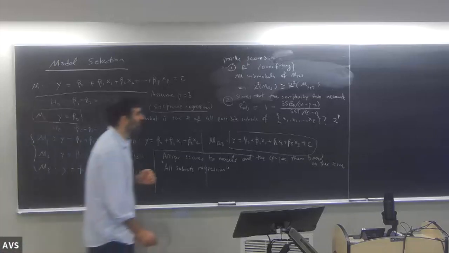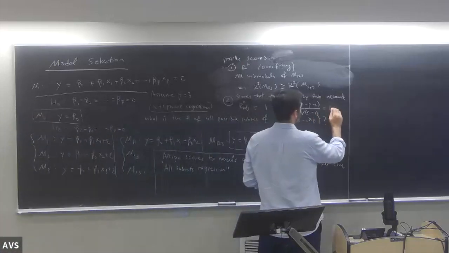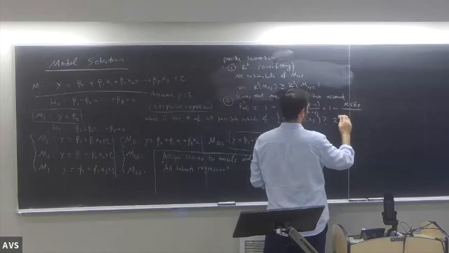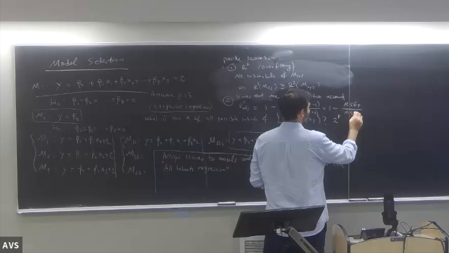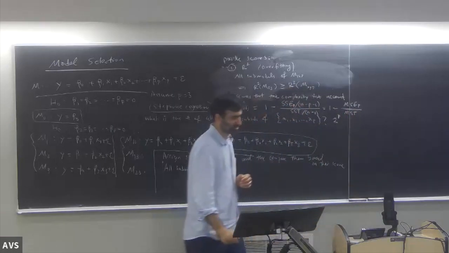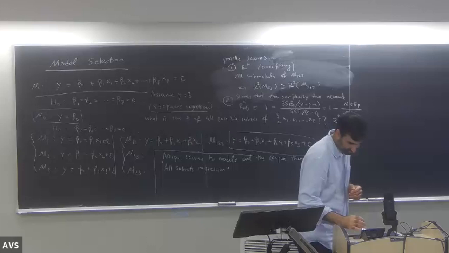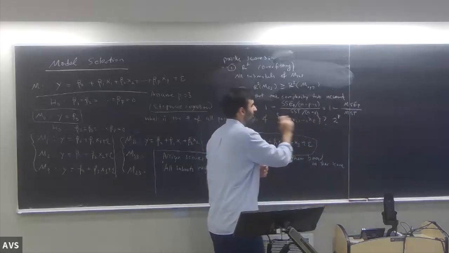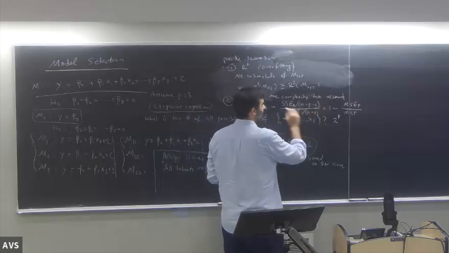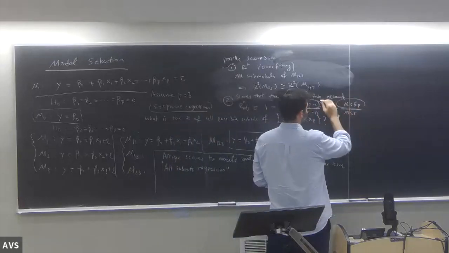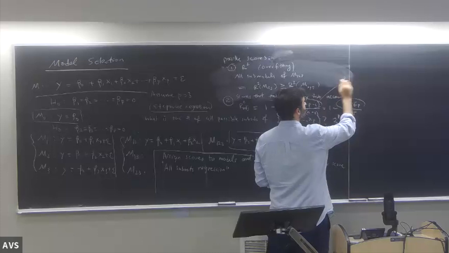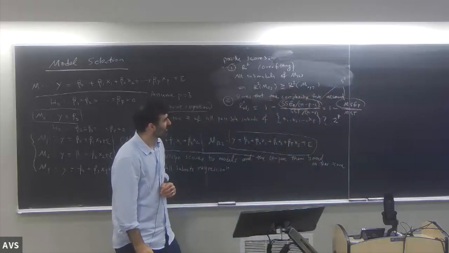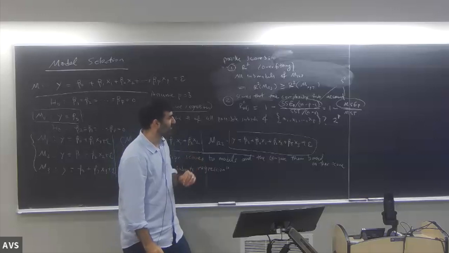Another way of saying this is 1 minus MSE divided by, if you want to call it MST, mean squared total. These are all equal to S squared, which is our estimate of the noise variance.